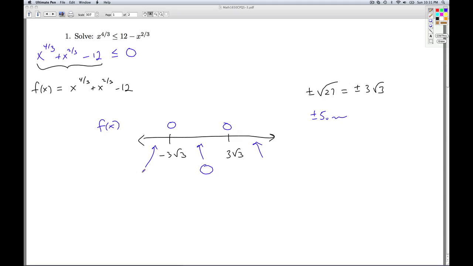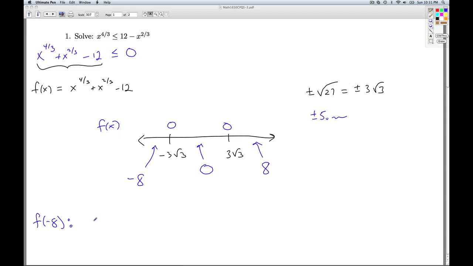But what would be a good perfect cube to stick in here? Well, I need a perfect cube less than negative 5, so negative 8 works pretty well. And a perfect cube bigger than 5 is going to be 8 as well. So we'll plug those in. f of negative 8.